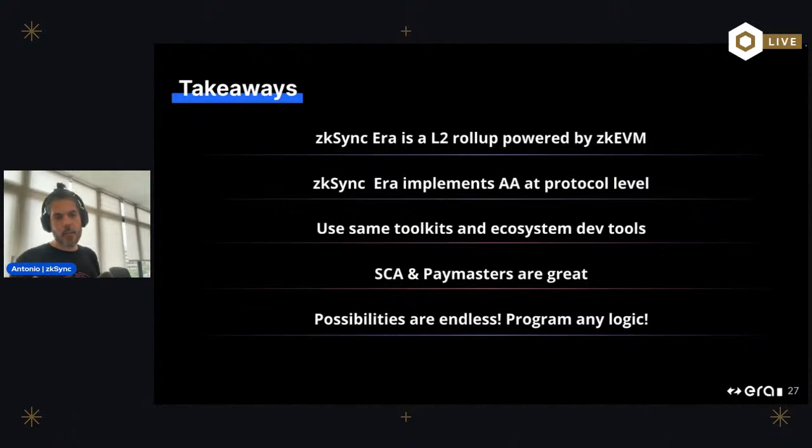And then we have native account abstraction that is implemented at the protocol level. Smart contract accounts and paymasters are great. Thanks to native account abstraction, we have paymasters for any type of account, and building both smart contract accounts and paymasters is very, very easy. You just have to implement a few methods from two interfaces that we provide.